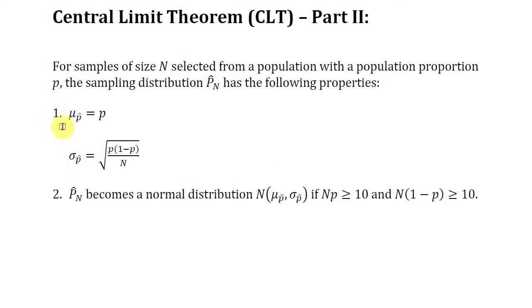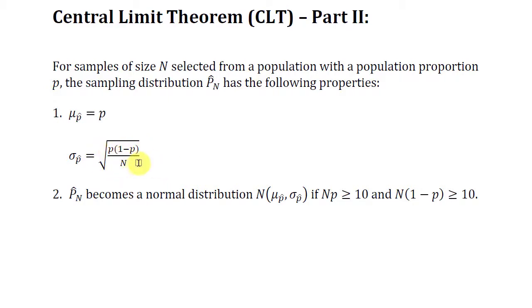In the same statement number 1, there is another important result. The average spread, or sigma p hat, in our current sampling distribution of the proportion can be found quickly by the formula square root of p times 1 minus p divided by n.